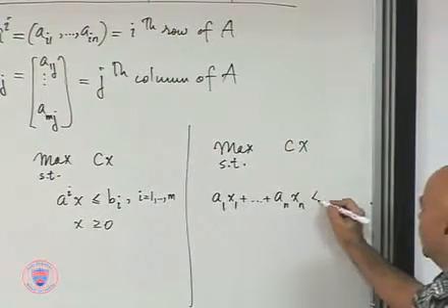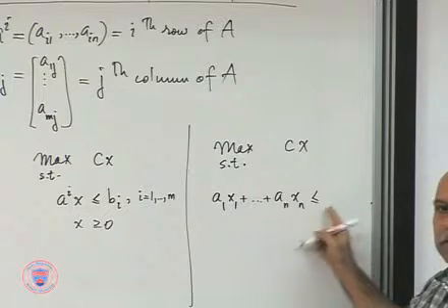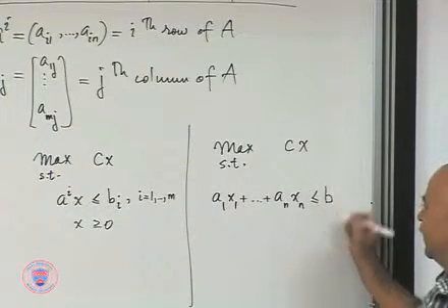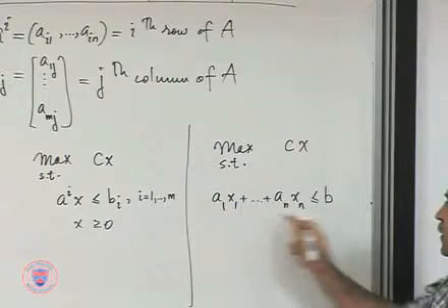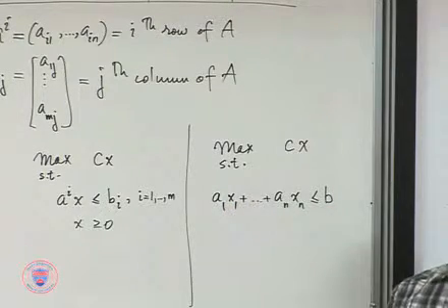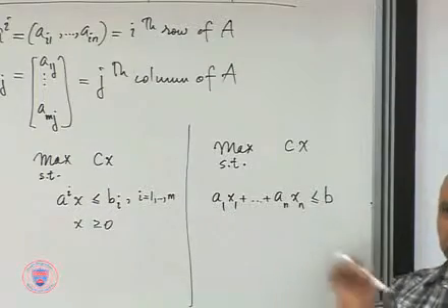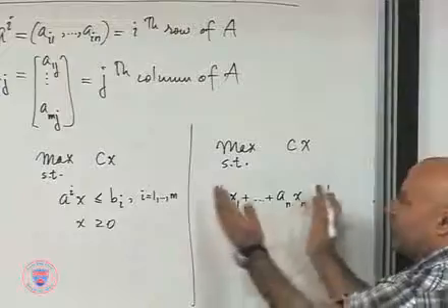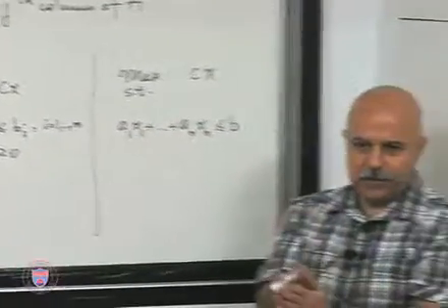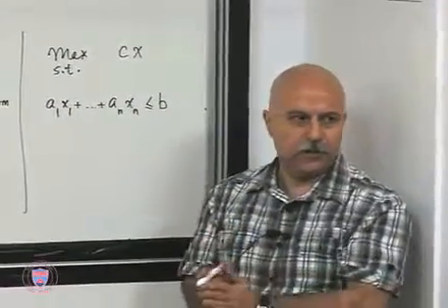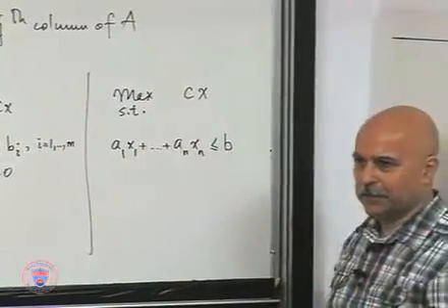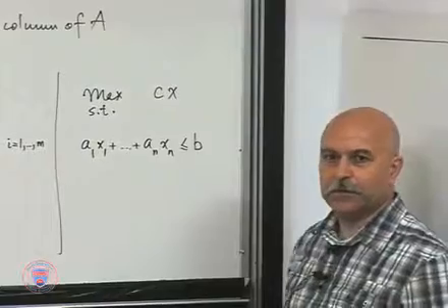And it's going to be less than or equal to b. Because you've got columns of the same dimension as b on the left side. You have a column times a number plus another column times a number. So when you add these up on the left side, you get a column vector, which is the addition of all these individual columns. So on the right side, of course, you've got the same dimensional column.